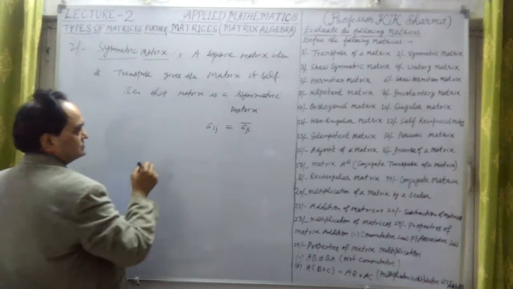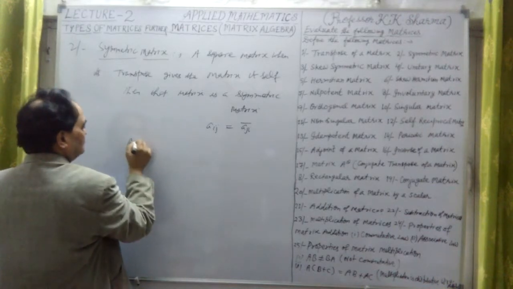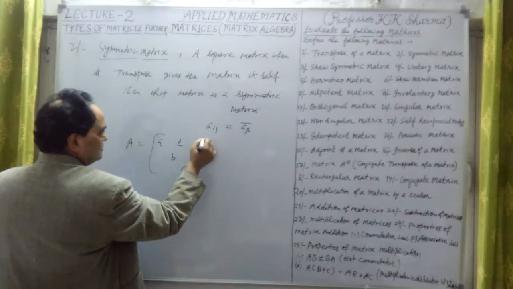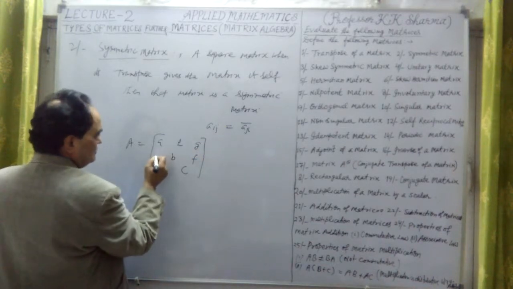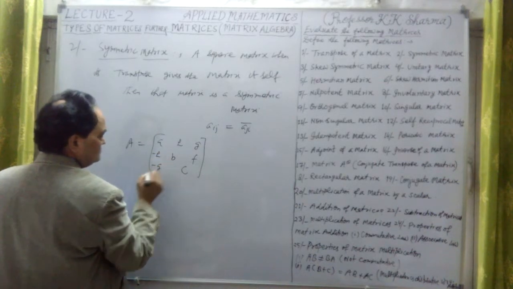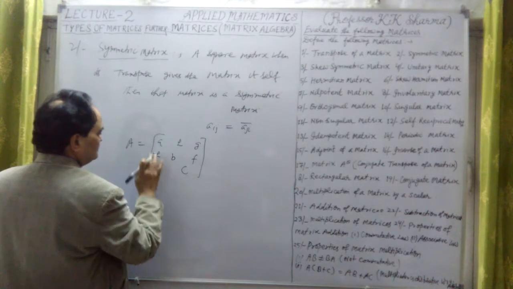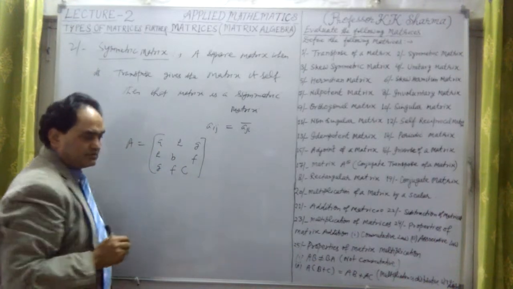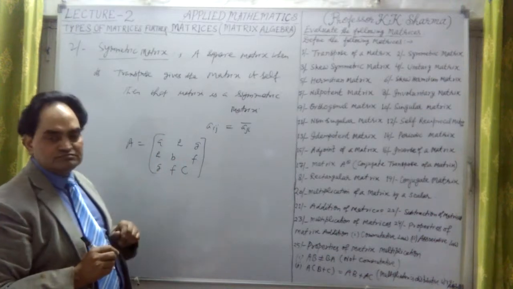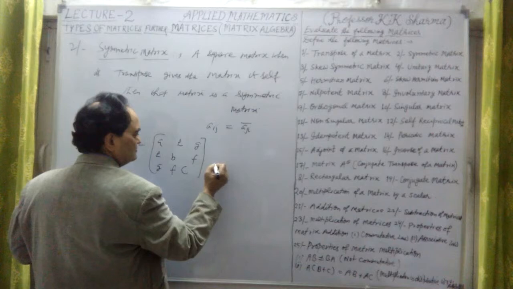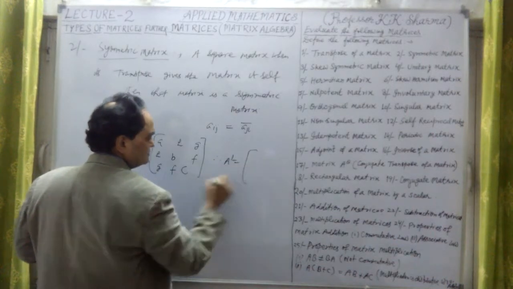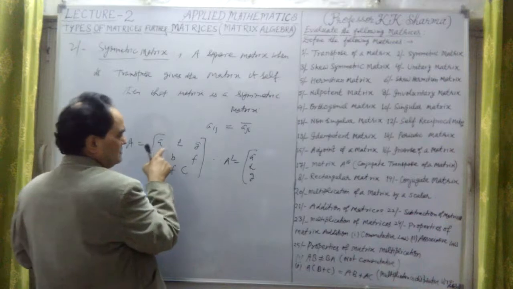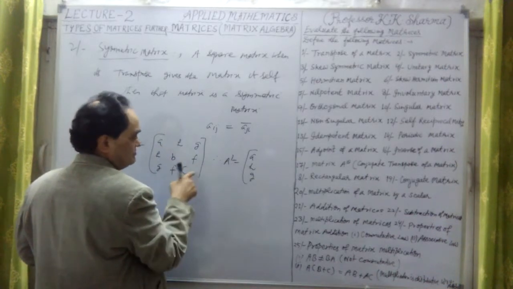Let me take some illustrative examples here. If I take A equal to, symbolically, A, H, G in the first row, H, B, F in the second row, and G, F, C in the third row. The diagonal elements A, B, C are three different elements.